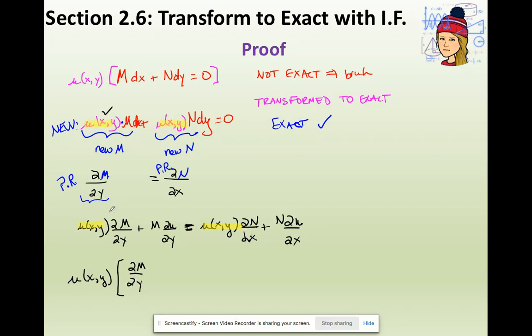I would move this over so it would be a negative, right? Then I would have this N minus the M, right?